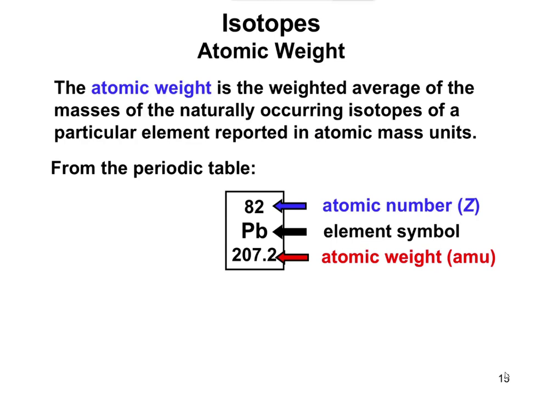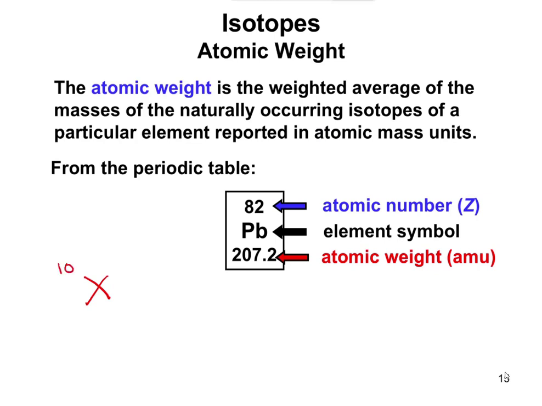To explain this, I want to give an example. Let's say I'm going to make up something that's not even on the periodic table. Let's say we have an element called X, and X has a mass number of 10.